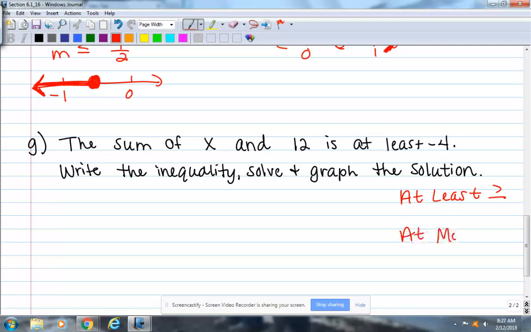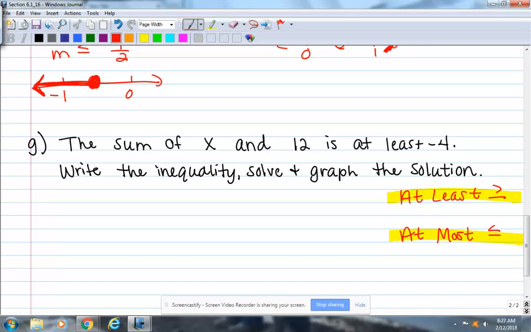At most is what? Less than or equal to. Okay, so that means it cannot exceed something. It can't get any bigger. So I'm going to highlight these because they're kind of important.